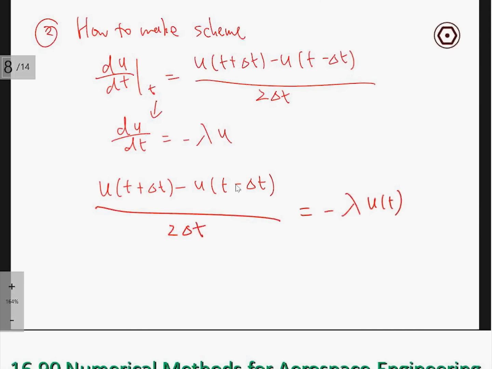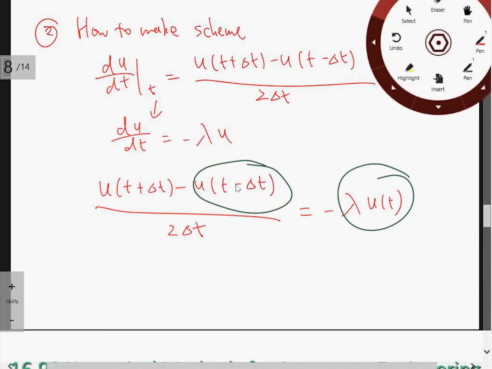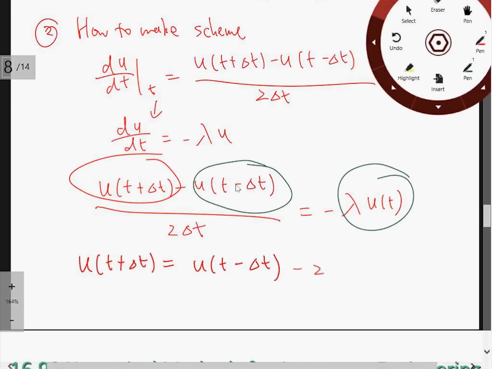And when you look at these terms, when you are at time t, when the solution at time t is already known, but anything beyond t is unknown, then this is known because this is before t. This is known because this is at t. The only unknown is this. So again, we are going to rearrange the terms and say u(t plus delta t) is equal to u(t minus delta t) minus 2 delta t times lambda times u(t).